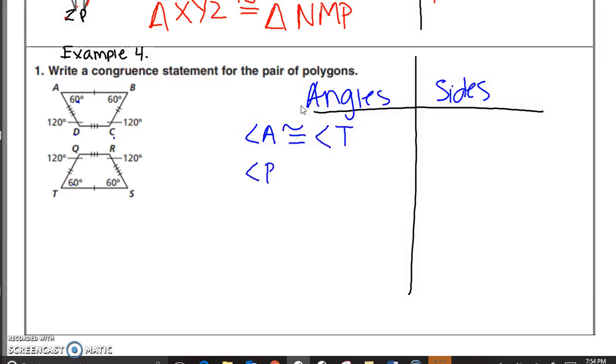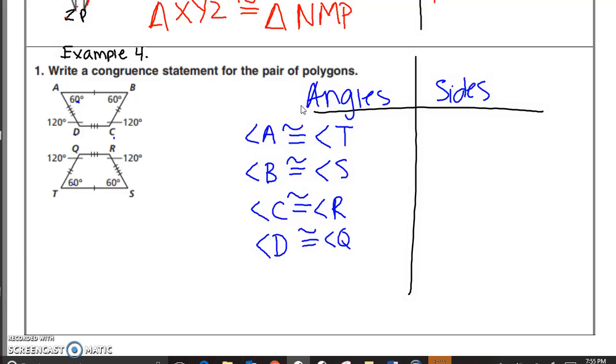And then angle B is congruent to angle S. So then we have angle C is congruent, which is 120, to angle R. And then we have angle D is congruent to angle Q.